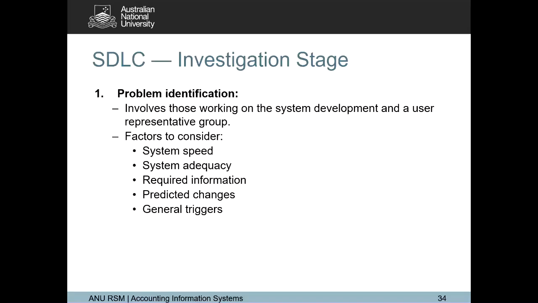And you know, in 2025, Australia has made it mandatory for any company to produce a sustainability report. This means all the ERP has to be customized now to include sustainability data, the ability to pull out this data, and then to predict changes, general triggers.